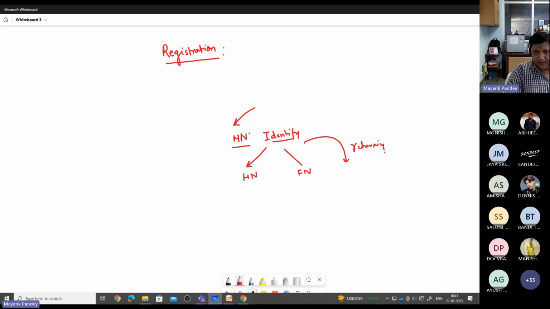These are the three different cases. It is in the home network and hasn't visited anywhere, that is one case. It is currently in the foreign network, that is another case. It was in a foreign network and is now returning back to the home network.